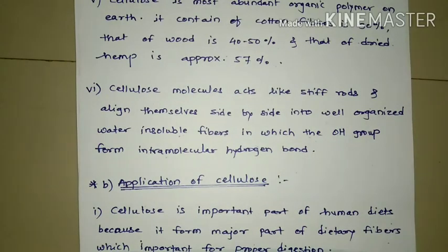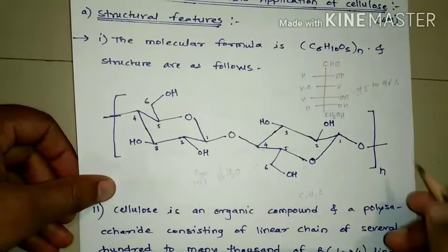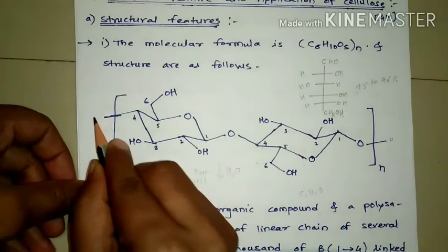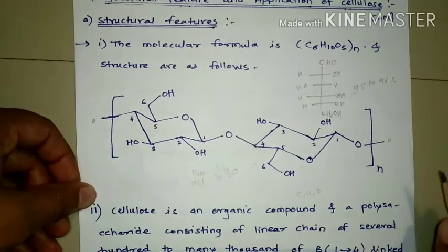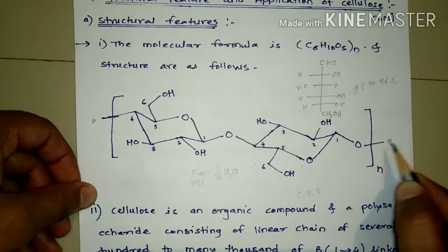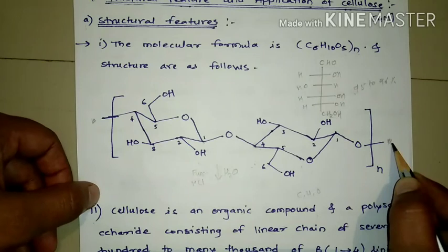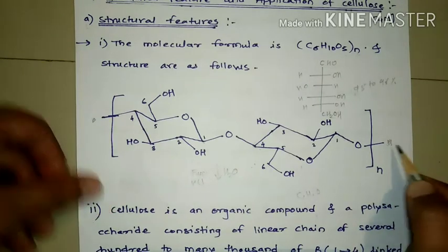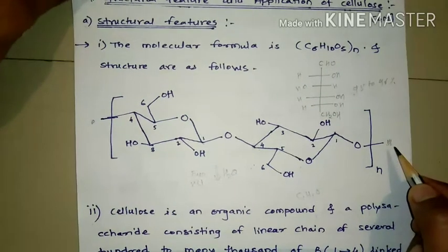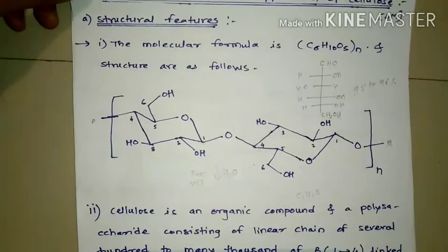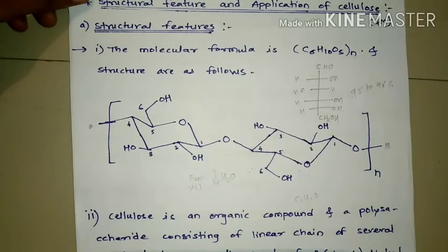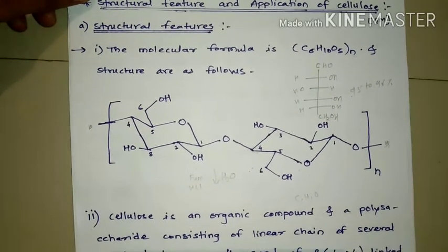The OH groups in the structure will form hydrogen bonding. That means the oxygen and the hydrogen will form hydrogen bonding. Okay, what is meant by hydrogen bonding? As we know.